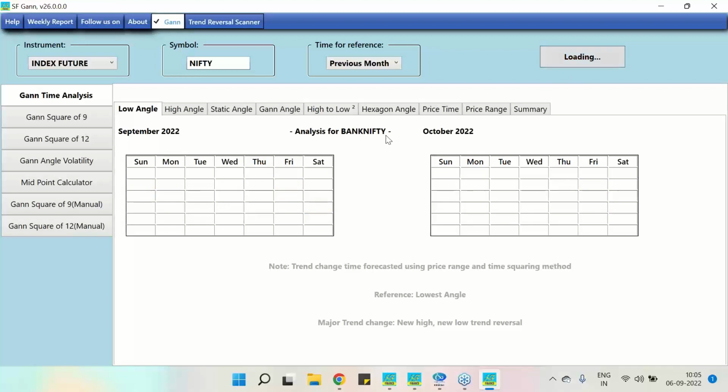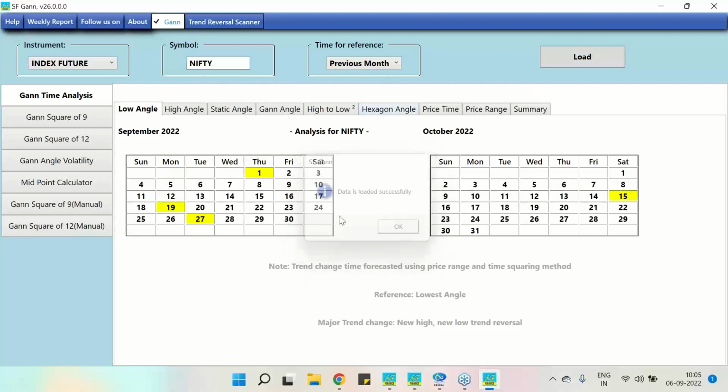Before that, there was a 400 point growth on the 31st. So on the 1st of September we saw a great move, a clear cut trend reversal date, and Nifty fell 200 points that day. So one trend reversal date successfully worked in Nifty, and in Bank Nifty also one trend reversal date successfully worked.